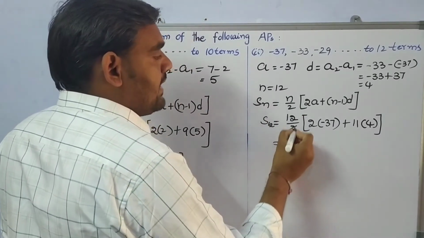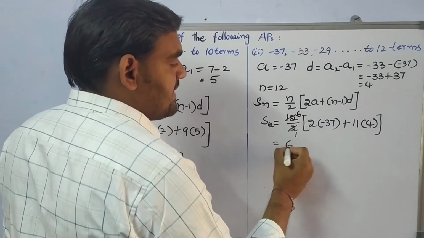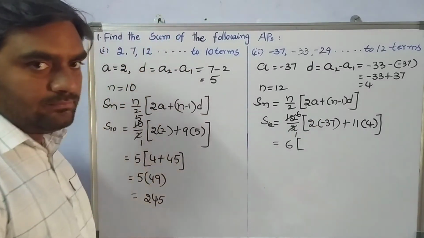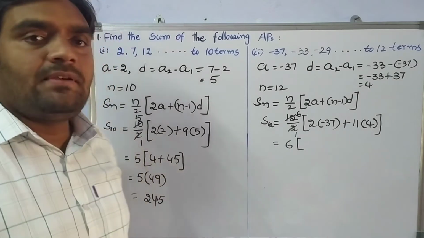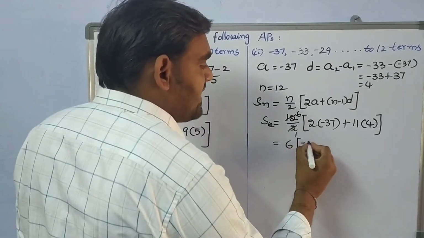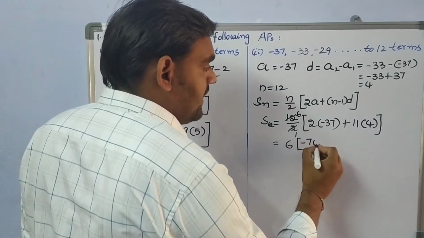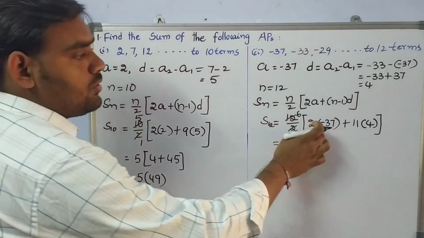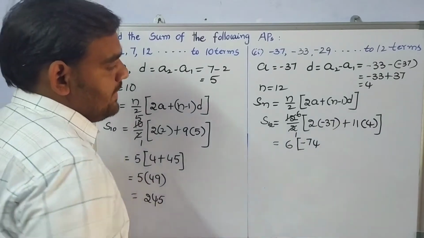Now 2 ones are 2, 6 twos are 12, so 6 into 2 into minus 37. 2 into minus 37 we will get minus 74.